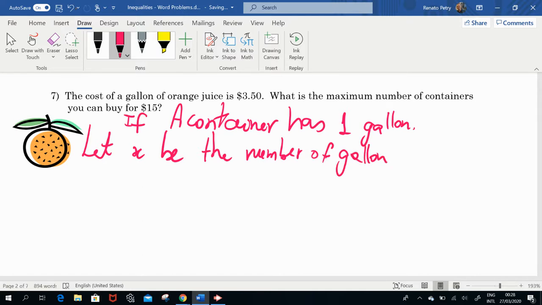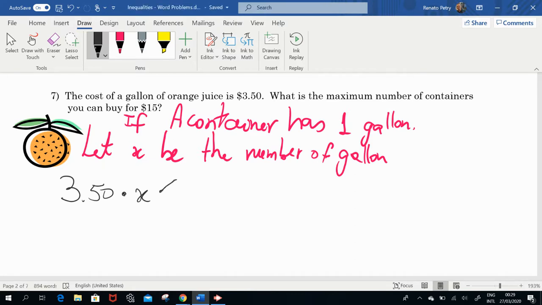Then I can write my inequality as 3.50 times the number of gallons, because 3.50 is the cost for each gallon, times the number of gallons. The maximum number of gallons you can buy for 15.